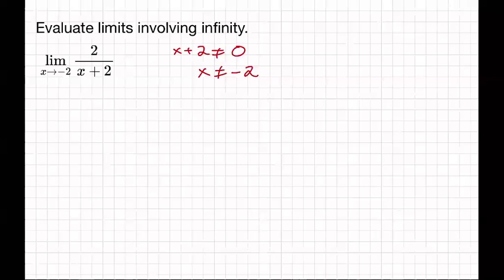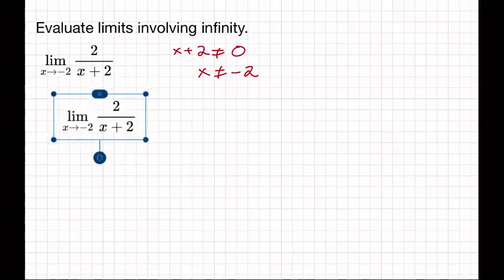All right, so let's take the table approach, right? What that means is I'm going to take this limit and break it up. We're going to look at it from the left-hand side. We're going to look at it from the right-hand side and see what happens.